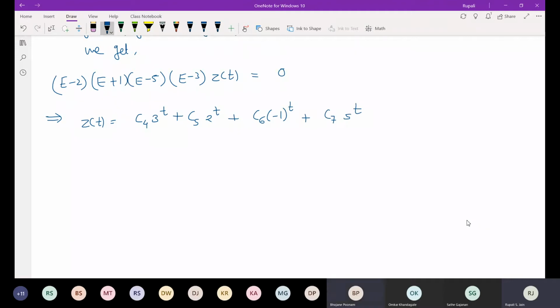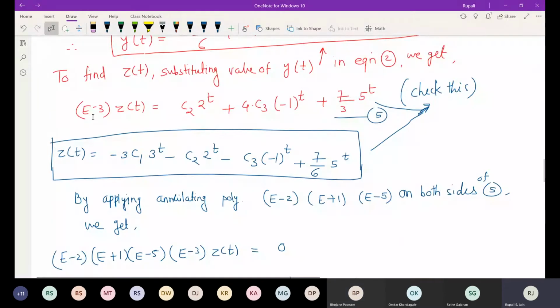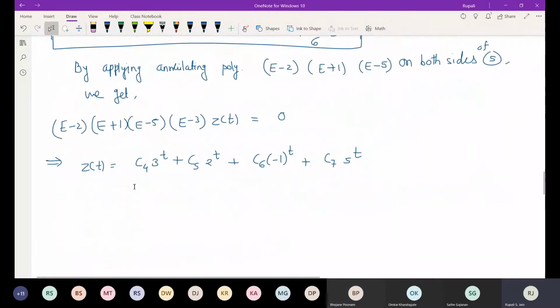Is that okay? My original polynomial was containing only first degree, so here I am having 3 extra arbitrary constants, right? So I need to find those 3 extra arbitrary constants. So how we will find that?